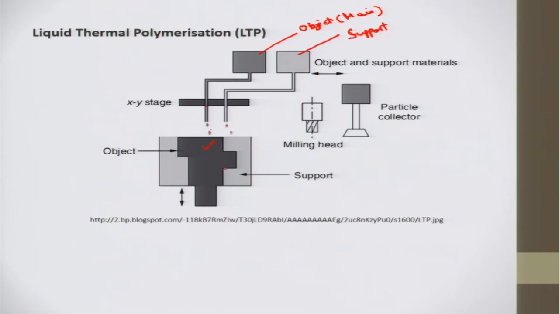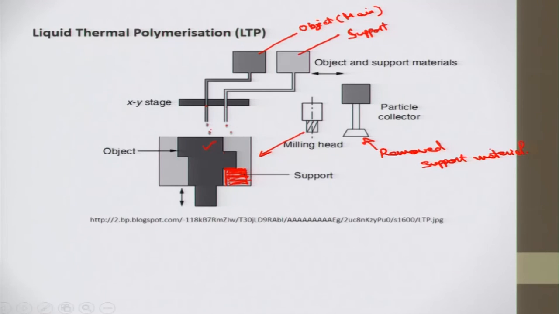For example, this part could not be constructed, this height could not be attained unless we have this support here, this much support here. After this much support only this object could be put here. Now the extra material would be removed using this milling head and the particle collector would collect the removed support material here.